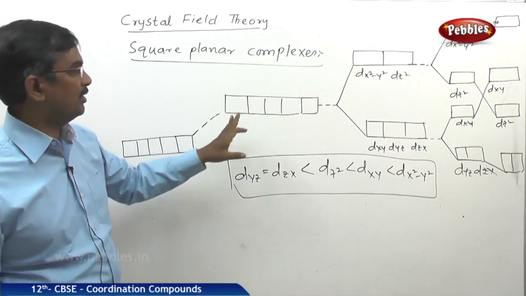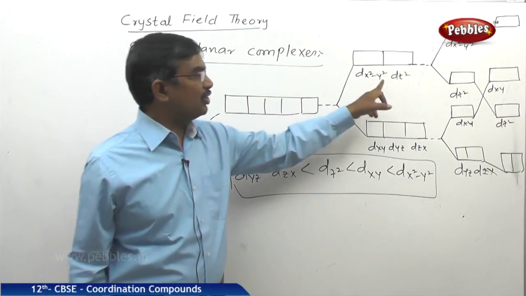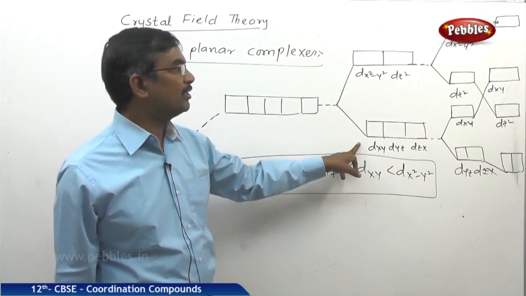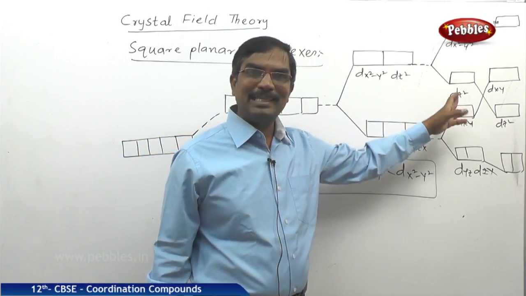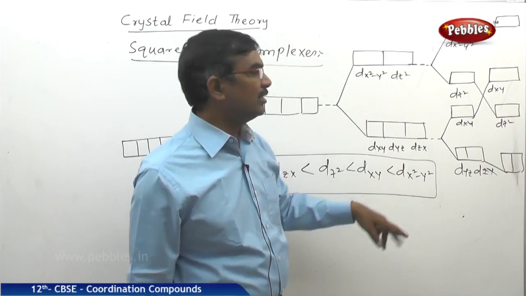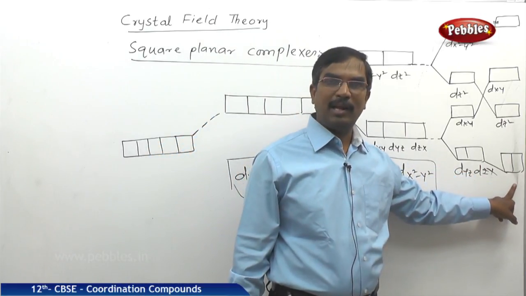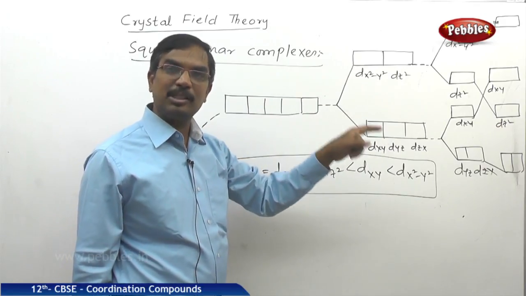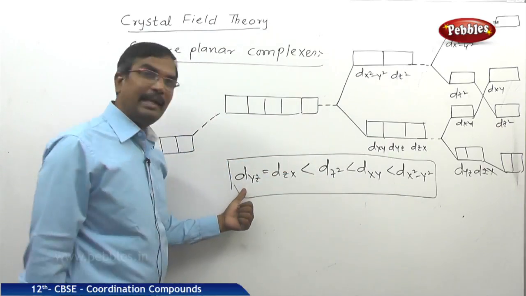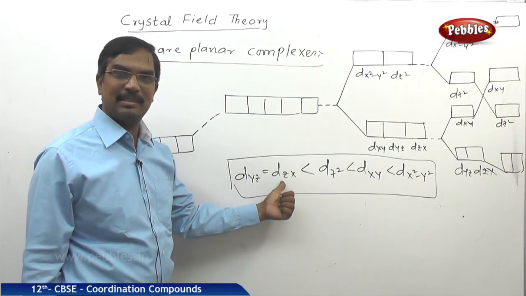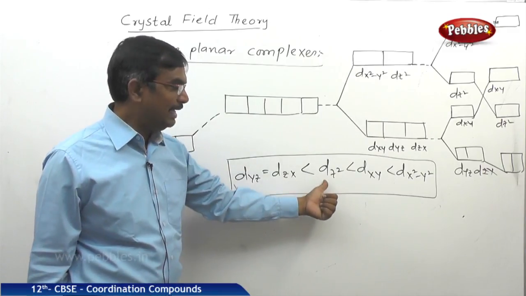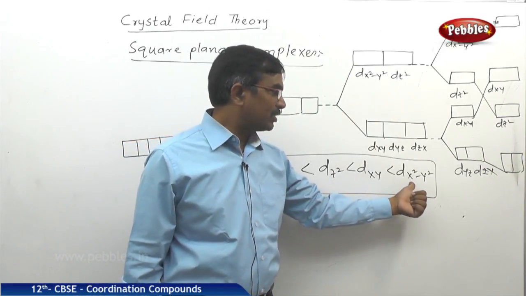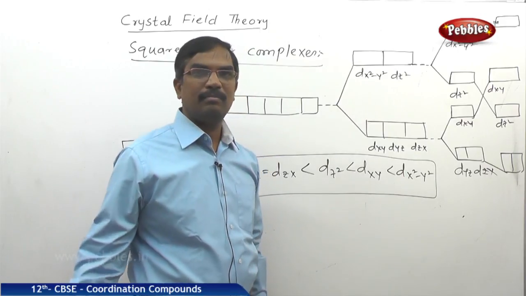First we see that up to here it is as usual the octahedral splitting. Then it undergoes further splitting, or degeneracy is disturbed, and finally, in the case of the square planar complexes, this is the arrangement of the split orbitals: dyz equal to dzx less than dz square, less than dxy, less than dx square minus y square.